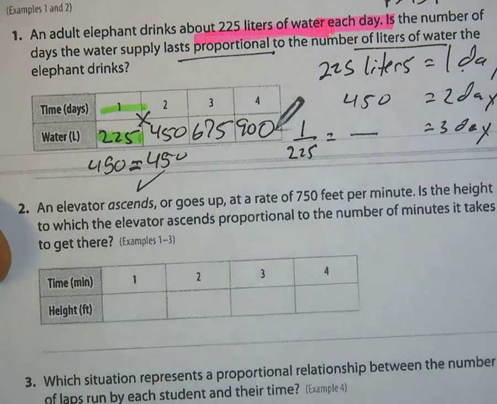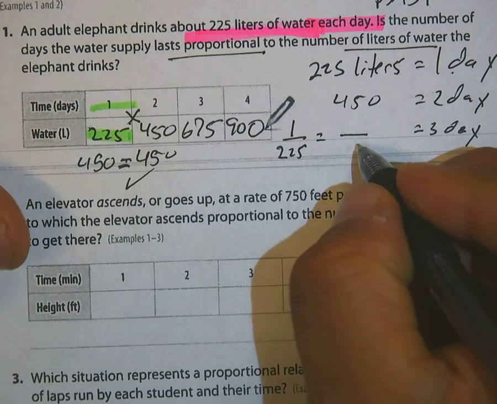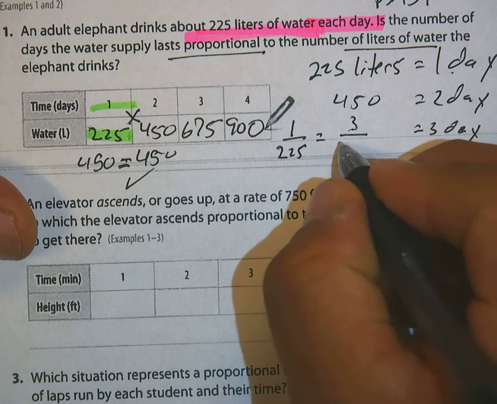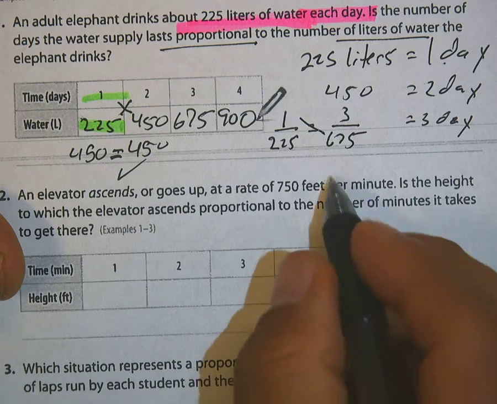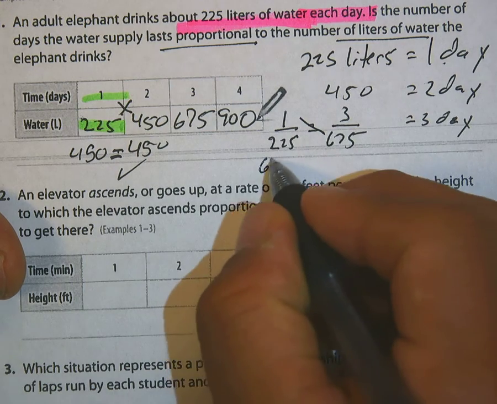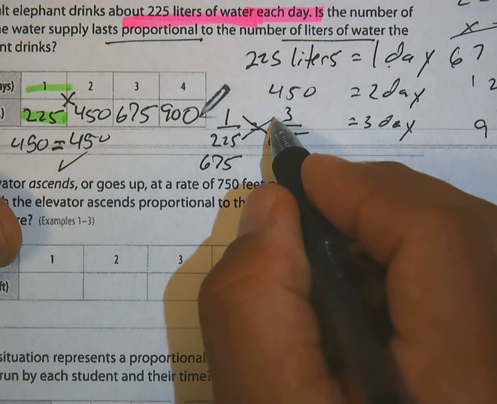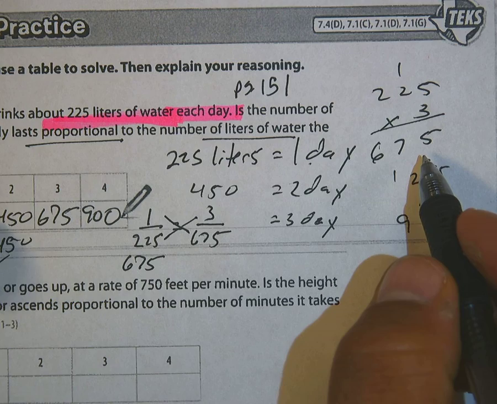I'm gonna set up a proportion, right? Proportion just means 2 ratios next to each other. So I'm gonna set it up next to, pick this one, 3 and 675. I know 1 times 675 is just 675, and then I'm going to multiply 225 times 3, which I already did up here, which does give me 675.